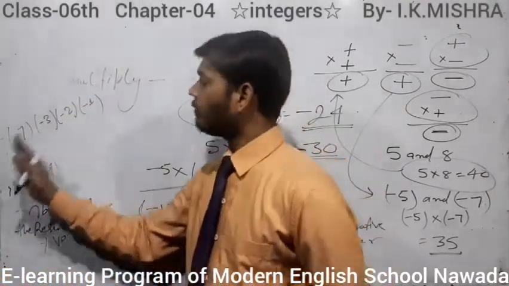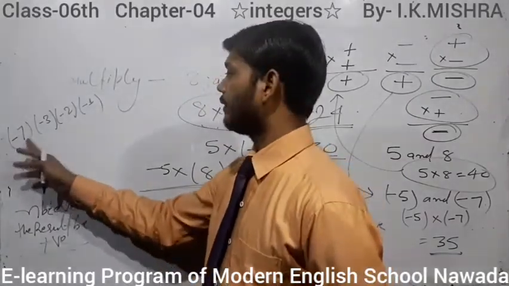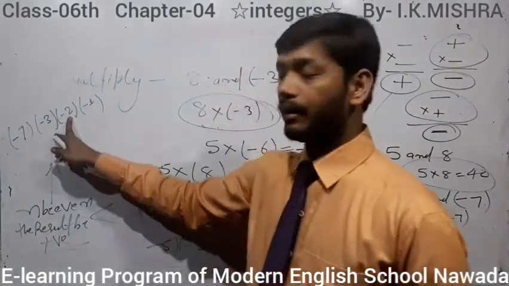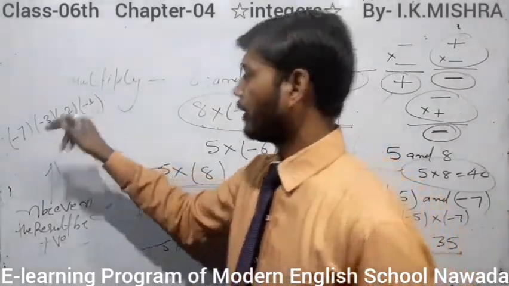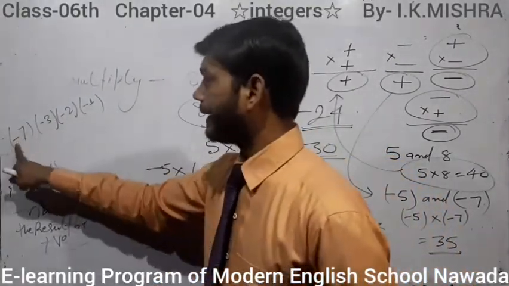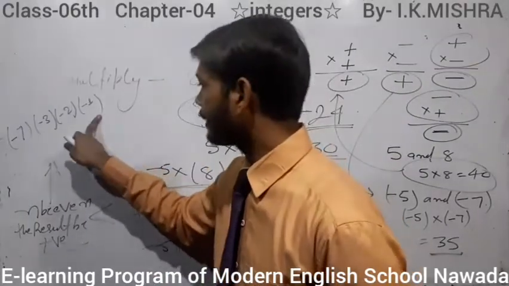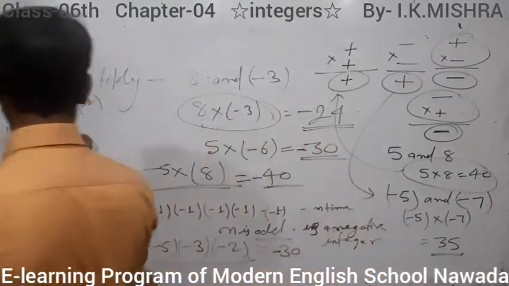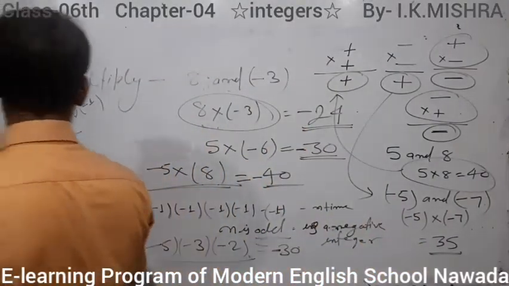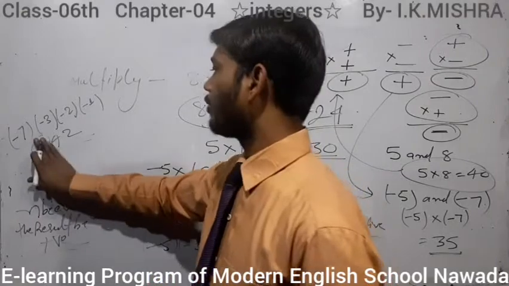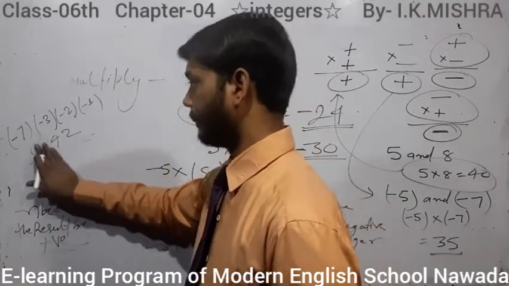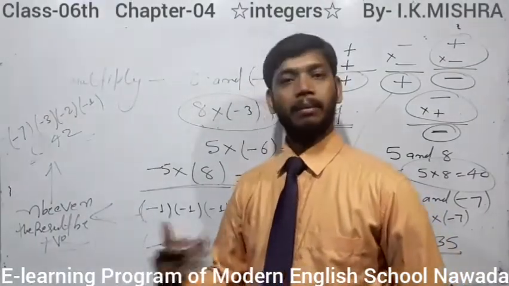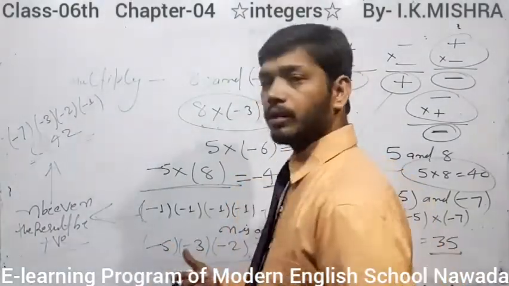So students, first of all multiply all of these. 7 into 3 is 21, into 2 is 42, and into 1 is 42. Since the count of negative integers is even, the result is 42. That means plus 42, and plus is always hidden, so you need not write the plus sign. Here 42 is the result. Similarly, students, you can multiply all the questions.